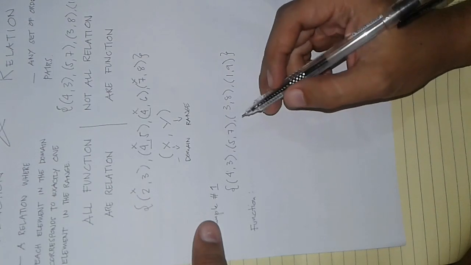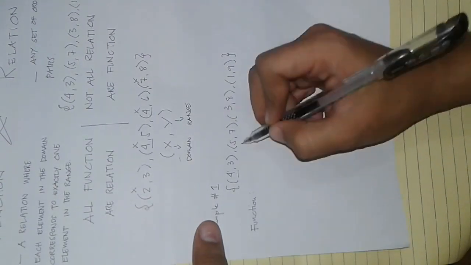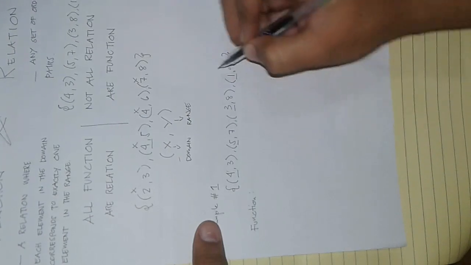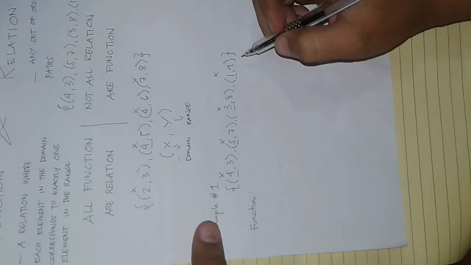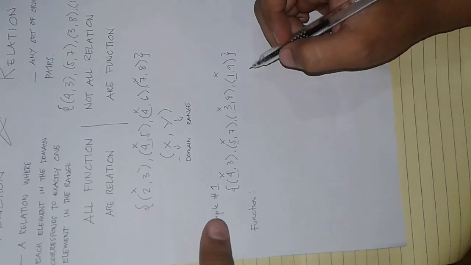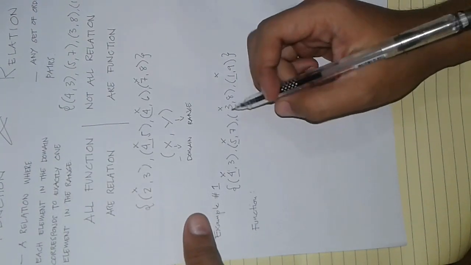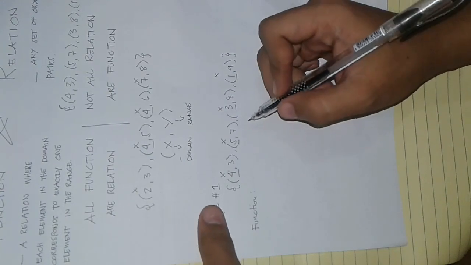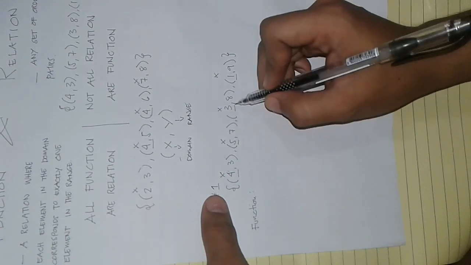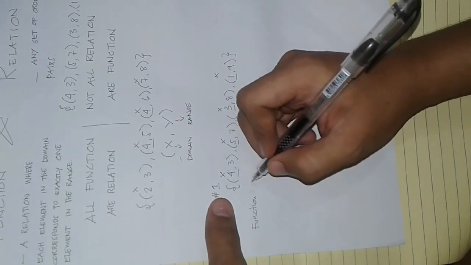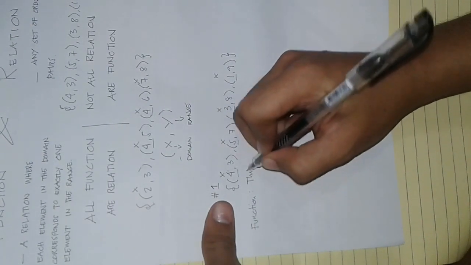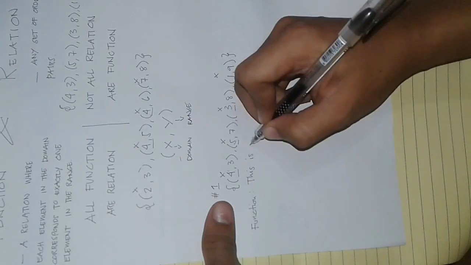Just by looking at the domain, these are our domains, which are the x values, you can easily tell that this relation is a function because it has no repeating values in the domain. So this is a function.